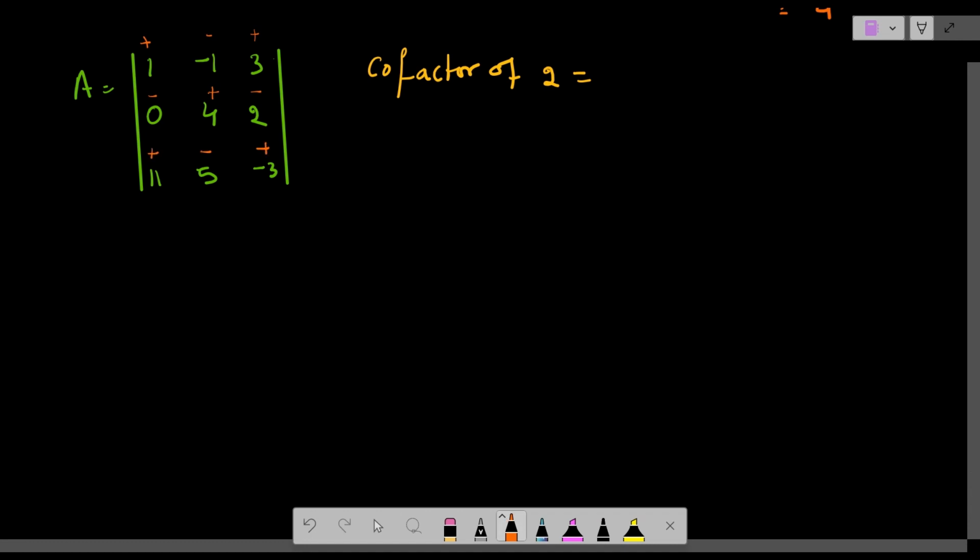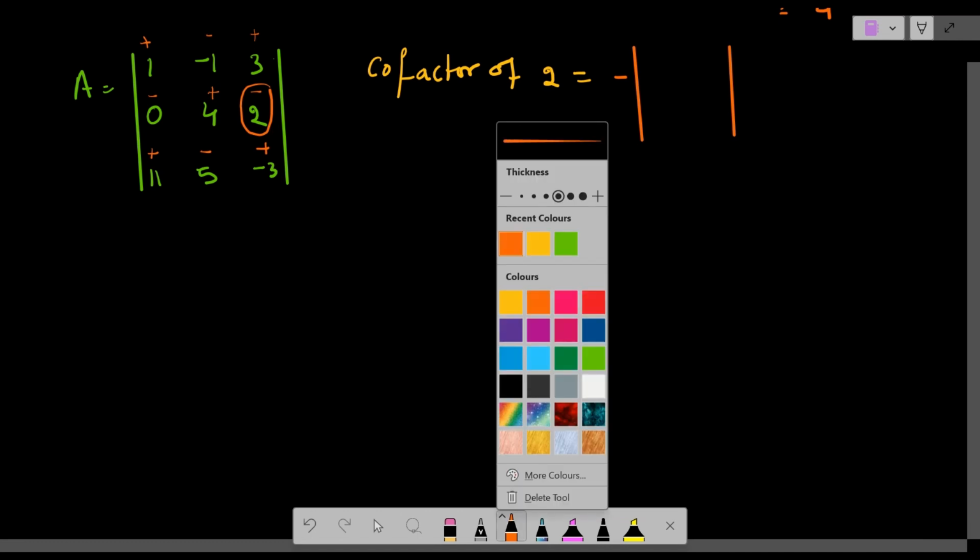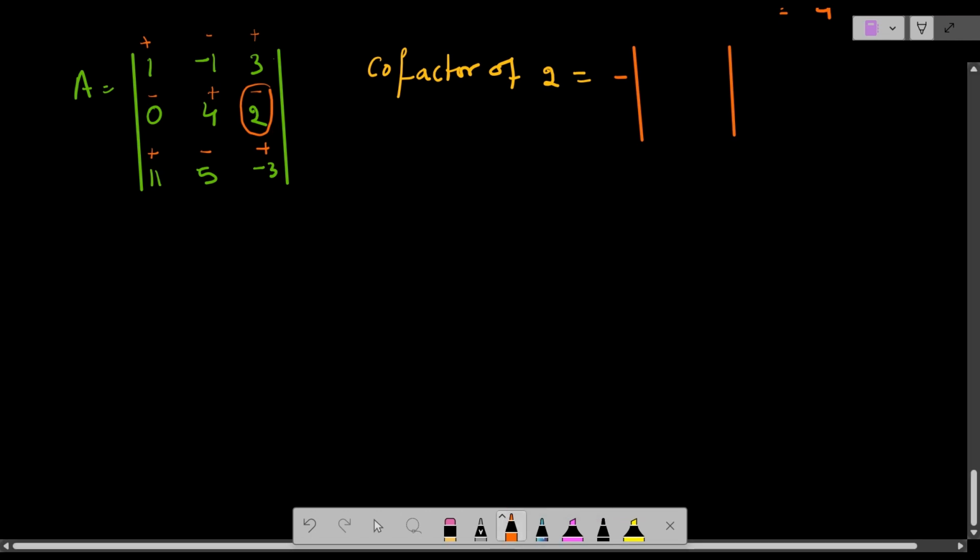Understood? So where is 2? So 2 is here and its sign is negative. So we have to consider the sign for cofactors to find the cofactor of an element. We take the sign and avoid the rows and columns as we have done for minor.